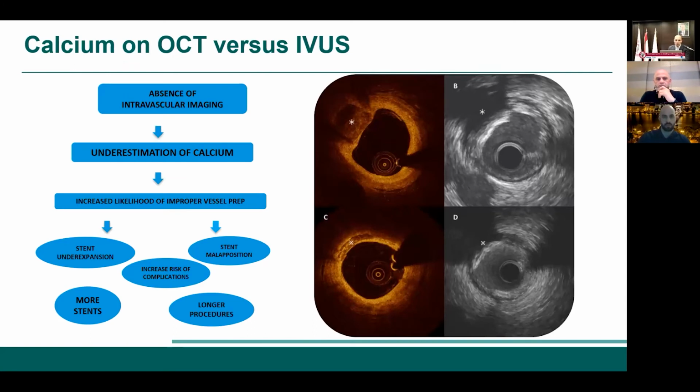But when we say intravascular imaging, we should know the signature of calcium on intravascular imaging. We all know that if you don't image, you will underestimate calcium. And if you underestimate it, you're increasing your likelihood of stent underexpansion, longer procedures, malapposition, complications, and radiation, and you name it. So it's important to see it, and it has a peculiar signature.